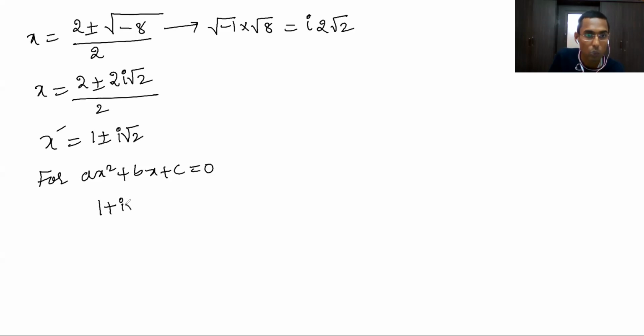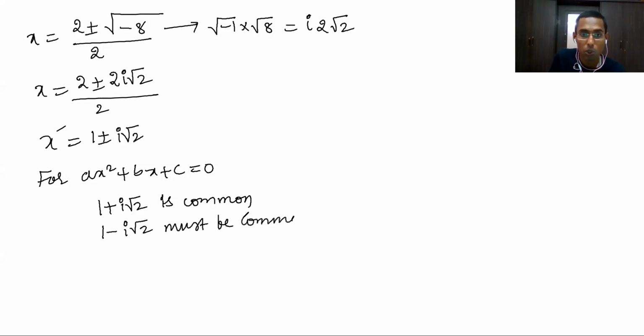If 1 plus i root 2 is common, then you should understand 1 minus i root 2 must also be common. That means both the roots are common. This you should understand.